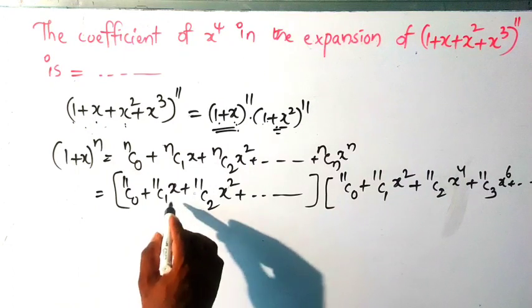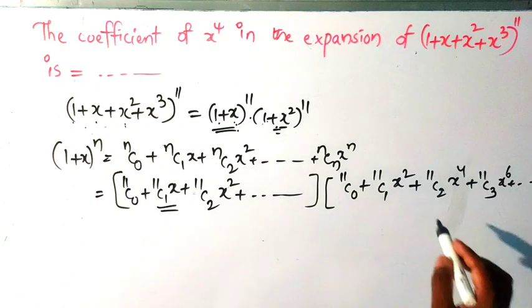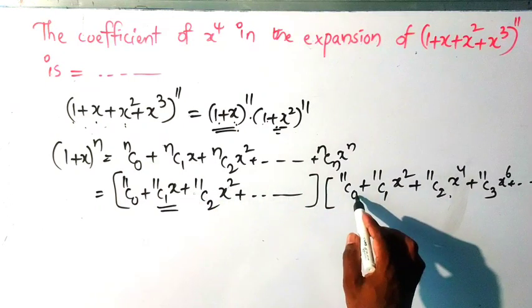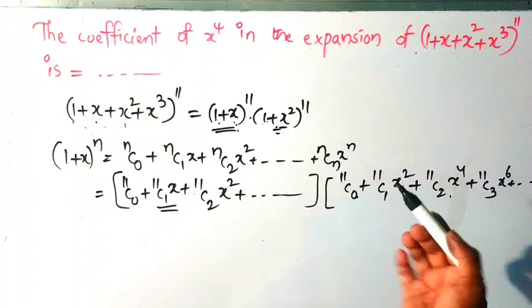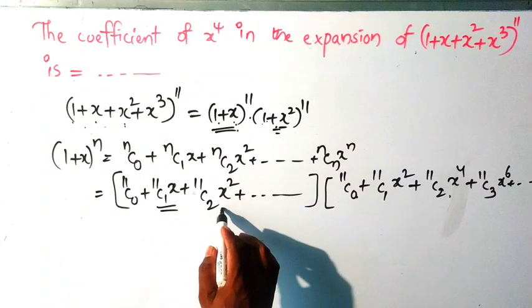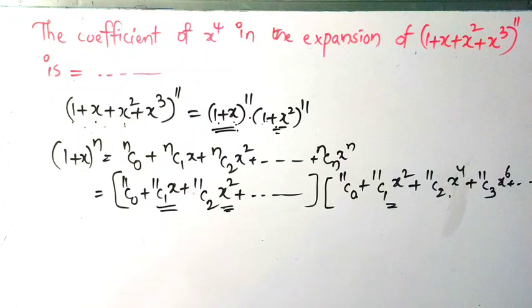How to get x power of 4? See here, 11C1 x is there, so there are no x power of 4 terms here. x into 11C0 we get 11C1 x, that is not the x power of 4 coefficient. Suppose we multiply this one and this one: 11C2 x² into 11C1 x², that is x power of 4.